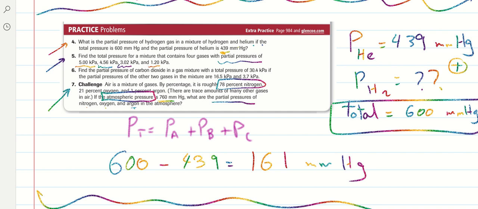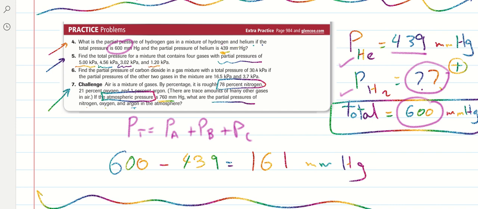If you have a partial pressure of a gas in a mixture of hydrogen and helium, and the total is 600, meaning the pressure of helium plus the pressure of hydrogen should be 600. If the partial pressure of helium is 439, how do you calculate the pressure of hydrogen?